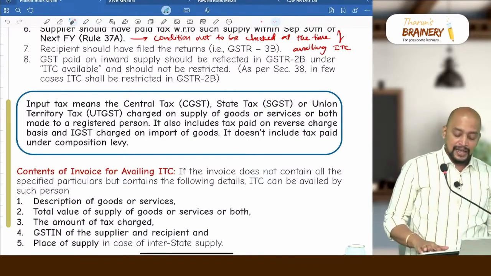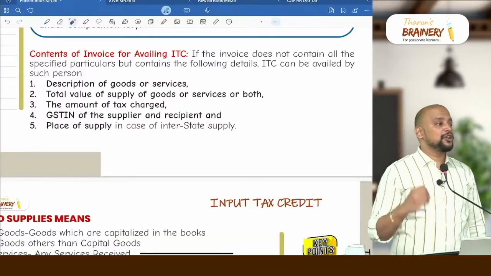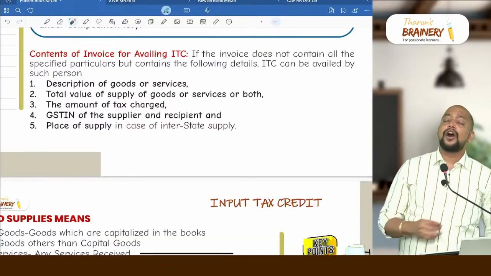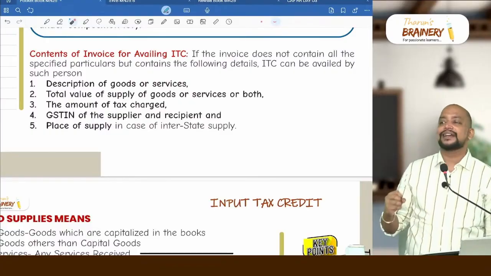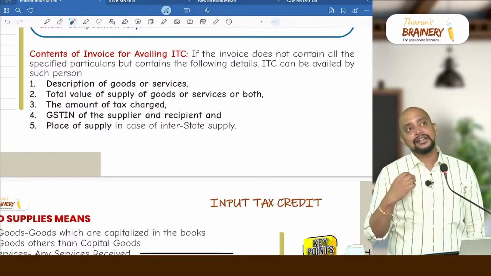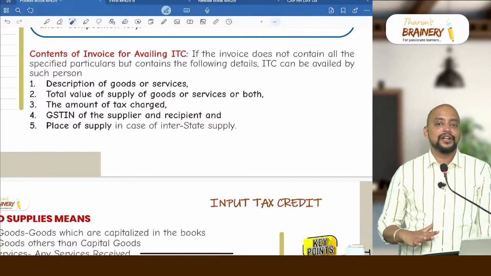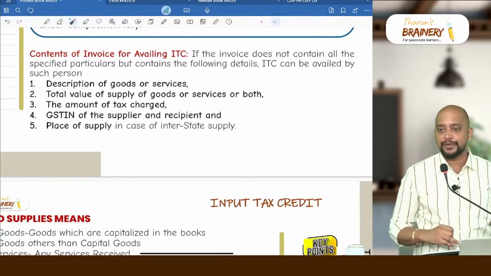Then we should be in possession of a tax paid document. What is a tax paid document? Tax invoice. Should all the tax invoice details be there in that tax invoice, then only we can take ITC? No. Any document which has some minimum details will be considered as a tax invoice for availment of ITC. What are those minimum details? GSTN of supplier and GSTN of recipient should be there.